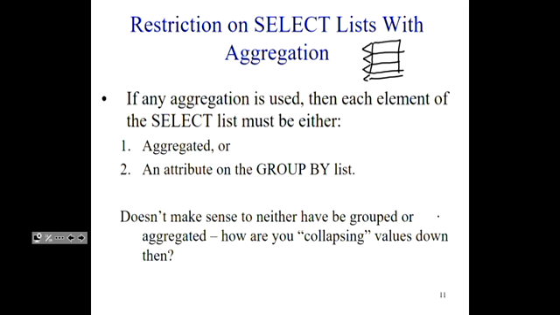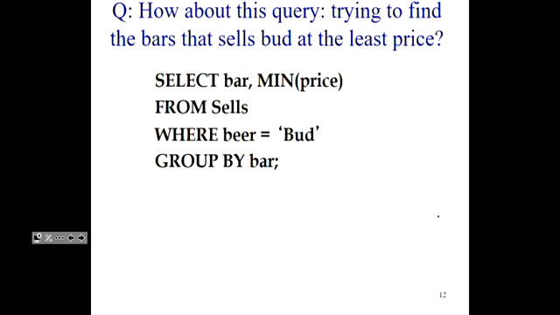If you've grouped by an attribute, that attribute obviously has a unique value. If you're aggregating another attribute, that obviously has a unique value. But any other attribute cannot be used in the select clause. It either has to be aggregated or grouped by. It does not make sense to have an attribute that's neither grouped nor aggregated, because you're dealing with a group of tuples and you have to collapse them down if you want to display it. Okay, so that was the restriction on what you can have in the select clause.